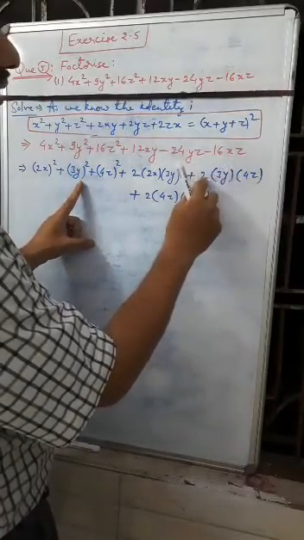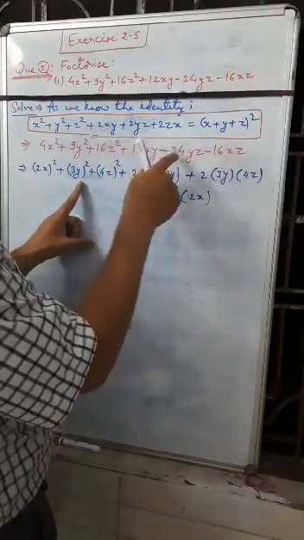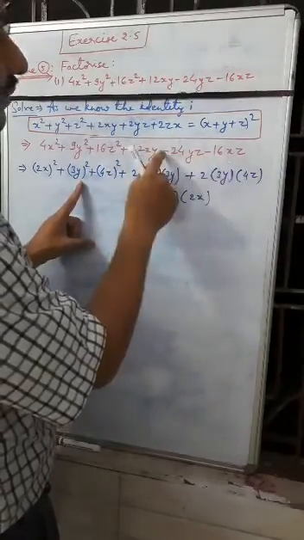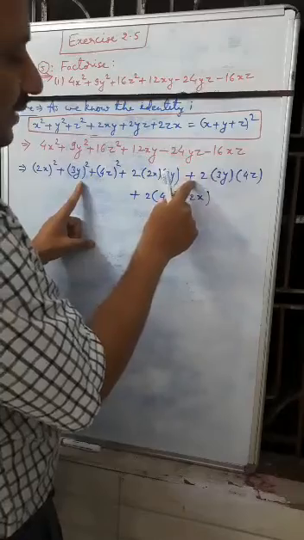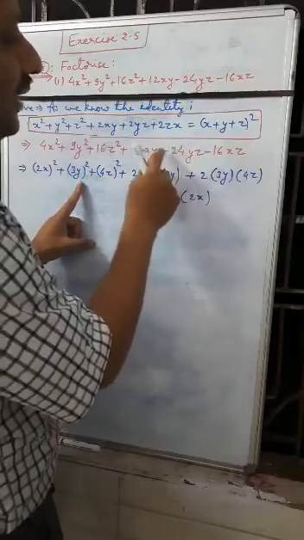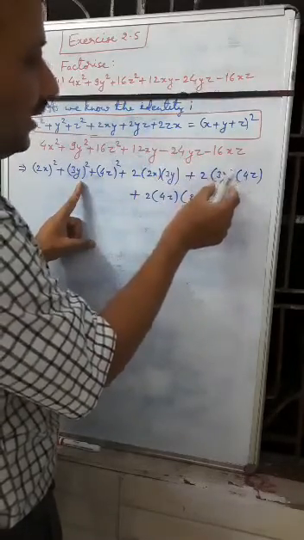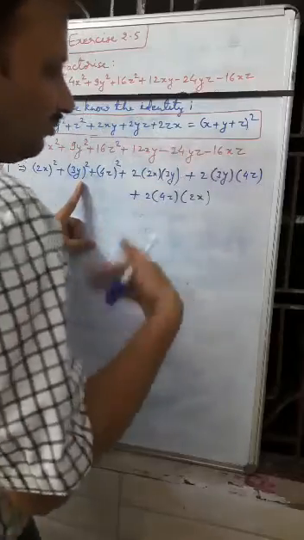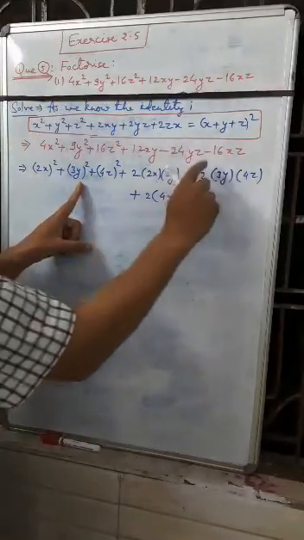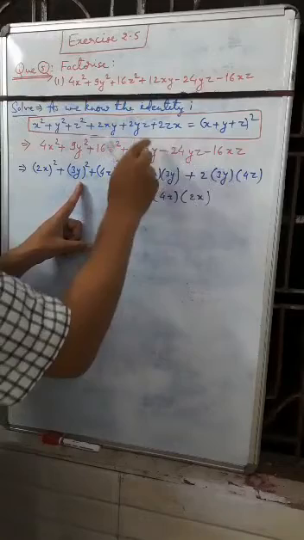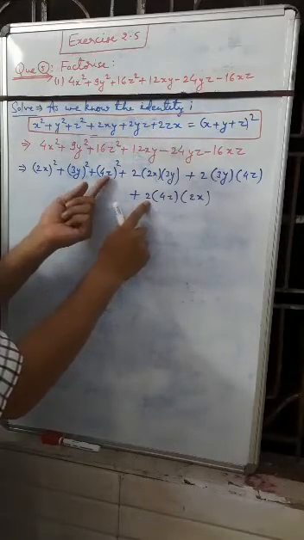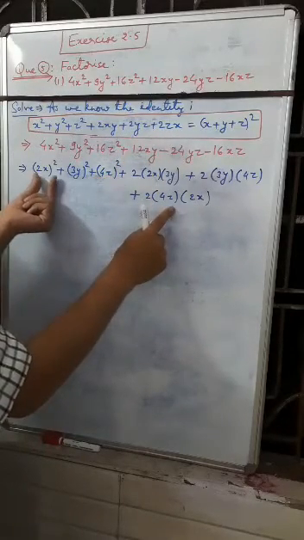So 3 2s are 6, 6 4s are 24yz. But here we have a minus sign, or we have a plus sign, so we have to do something extra to make it into a minus sign. After that, plus 2zx. So 2 we have written, then 4z and 2x.